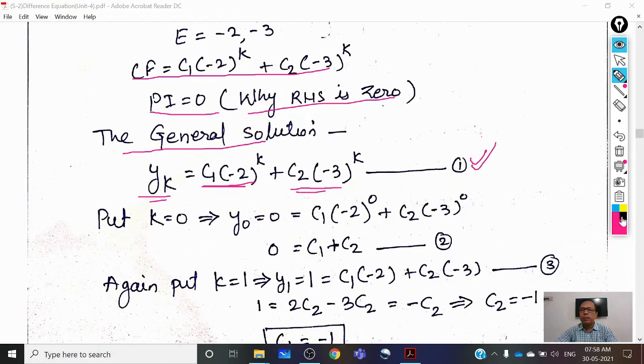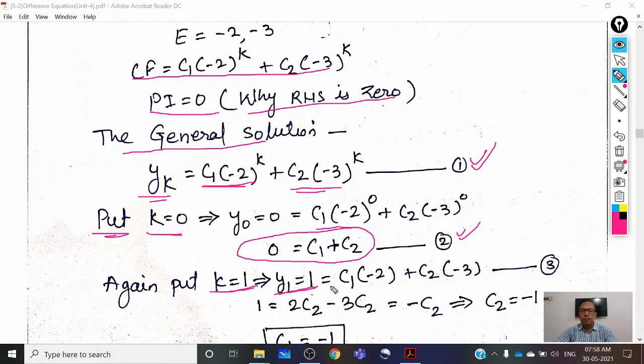Suppose that this is equation number 1. By using the boundary conditions, put k equal to 0 in equation 1. So we get the equation C1 plus C2 equal to 0. Suppose that this is equation 2.